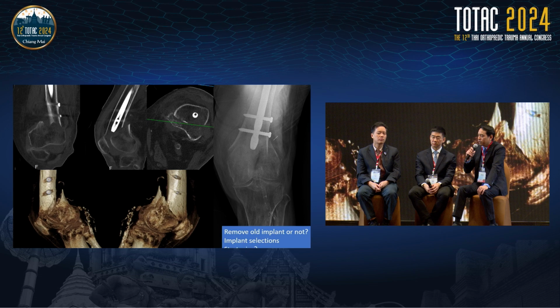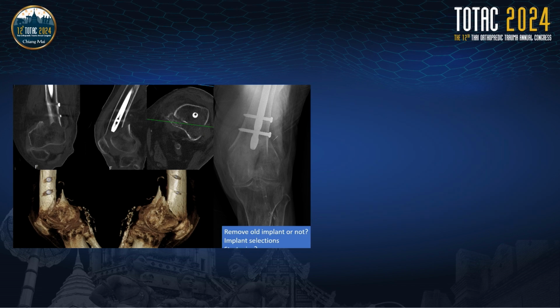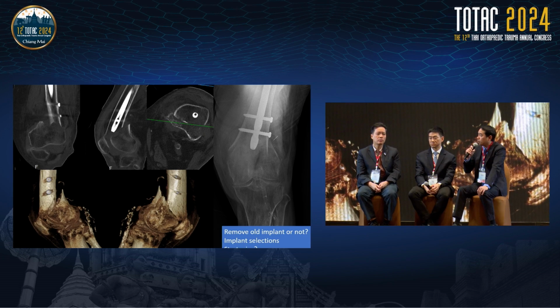actually, from the classification, if the fracture is already healed, maybe you can remove the nail and put the distal femoral plate in. But sometimes I am a bit concerned, if the PFNA is removed, it will leave a big hole at the proximal part.